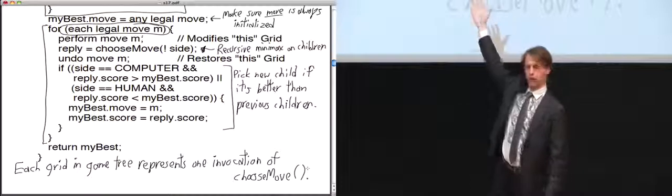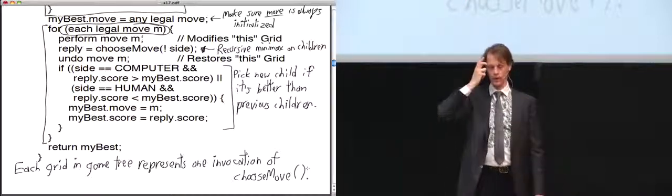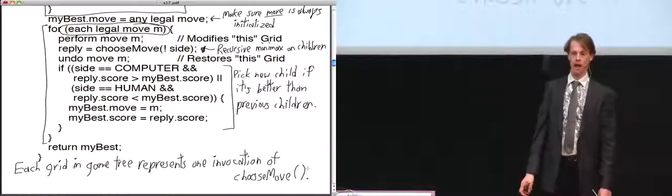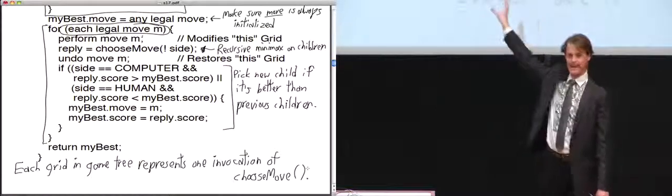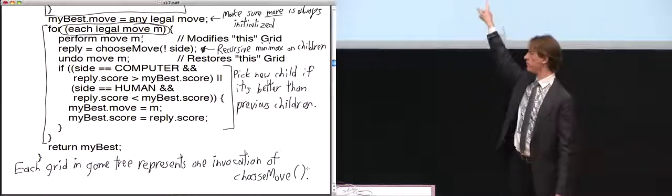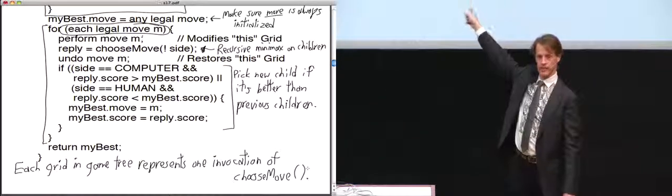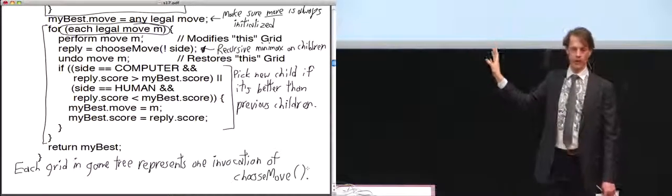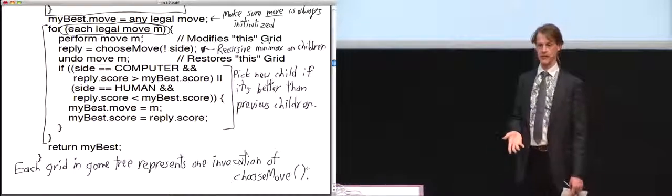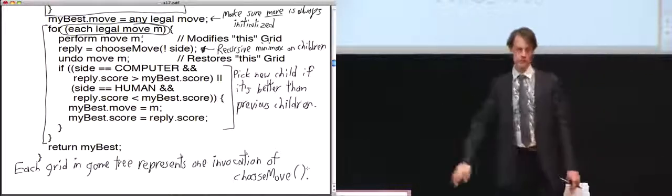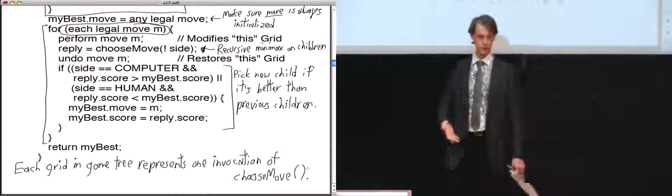Do I have to redo the whole tree from scratch? Well, yes and no. Usually that is what's done. If you really did do the entire tree for an entire game, then you wouldn't have to. You could maybe keep the information in this tree and reuse it on the next move. But for realistic games like chess or checkers, where you cannot expand the whole tree, you really do have to start over from scratch every time it's your turn to move.